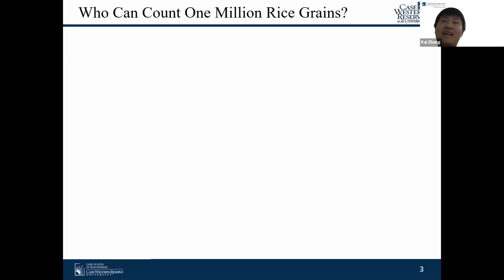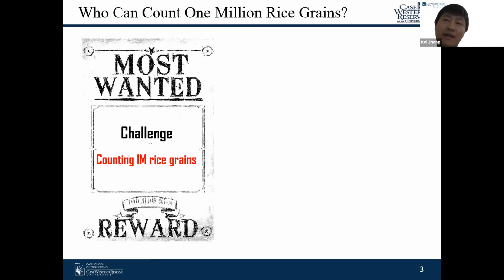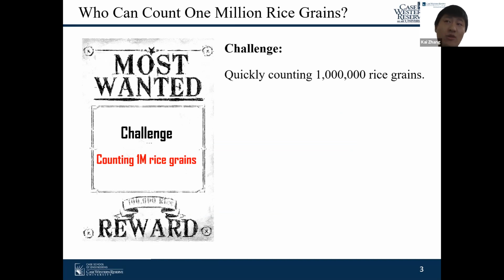Okay, let's start our challenge. Can you count 1 million rice grains in a short time? You may try to think about this short challenge. Try to quickly count 1 million rice grains.